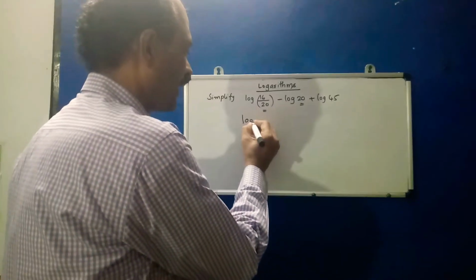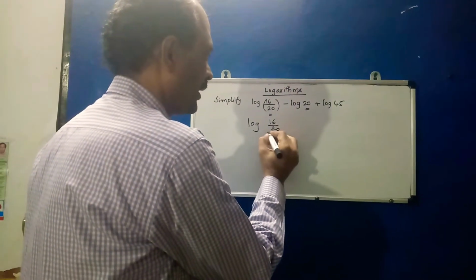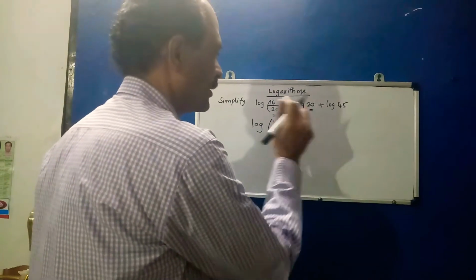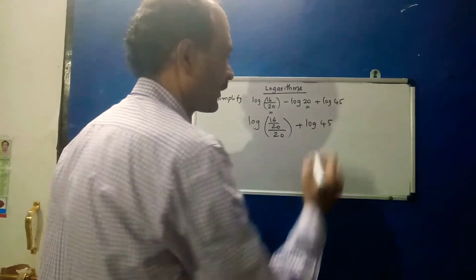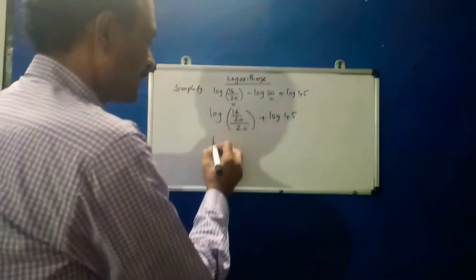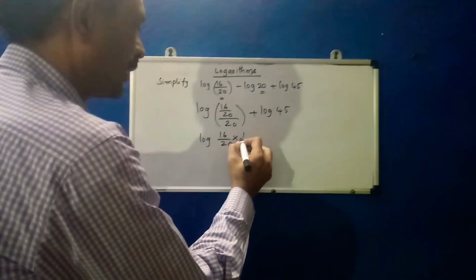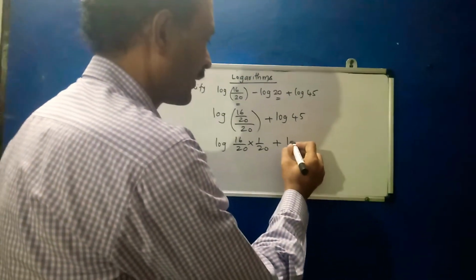I can straight away write this as log of (16/20) divided by 20, where this is a and this is b, and plus log 45 as it is. Now if we simplify this, this is log (16/20 × 1/20) plus log 45.